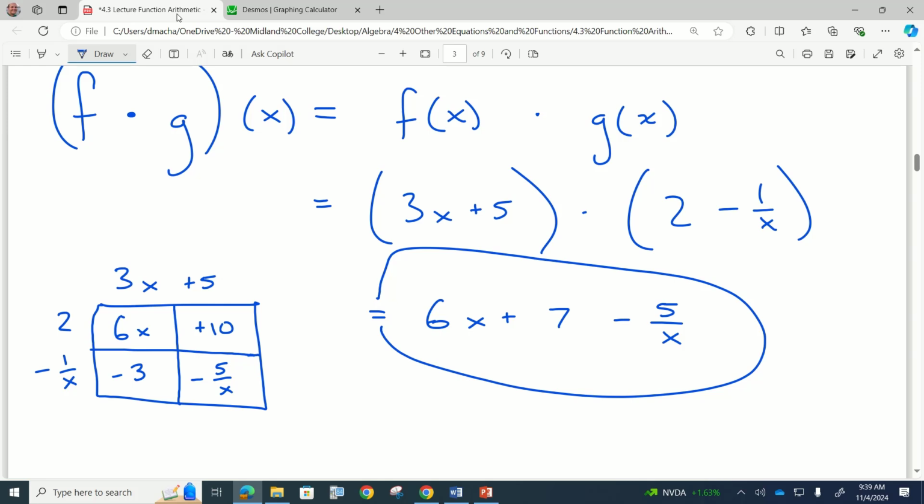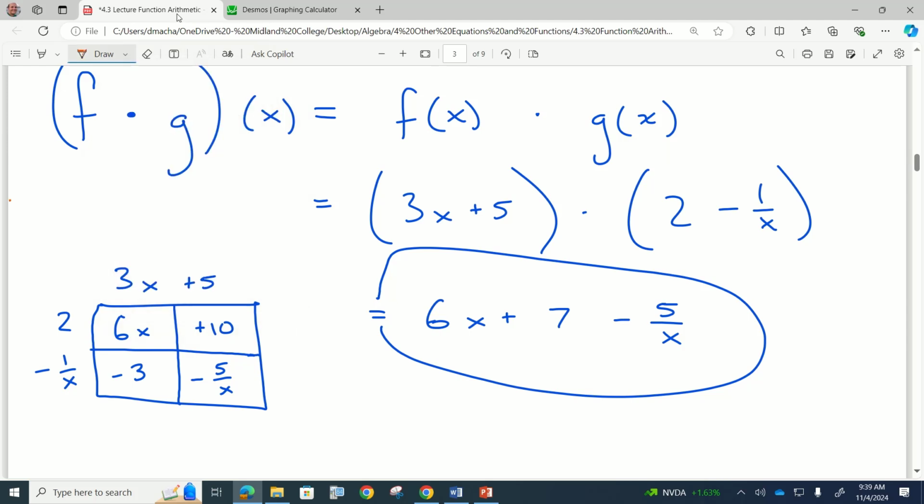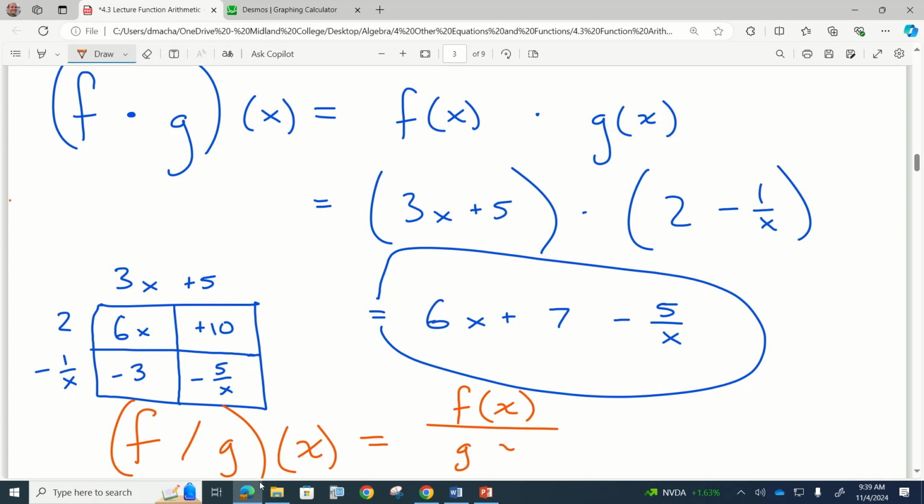Okay, so we feel good about multiplying functions. The last thing I might do is divide functions. Last thing for this example anyways. And so if I see this, I think f divided by g of x. And this is just f of x divided by g of x.